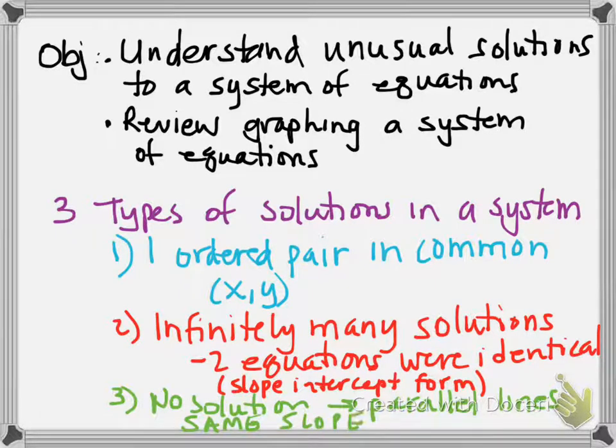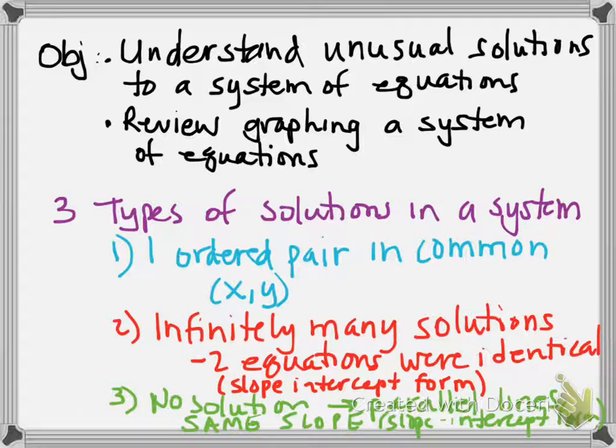So again, the only way I could tell about the slopes is if they were written in slope-intercept form. So the only way that's really going to make sense to me to do anything is to get things into slope-intercept form. If I want to graph using a table, it's best if my equations are in slope-intercept form.